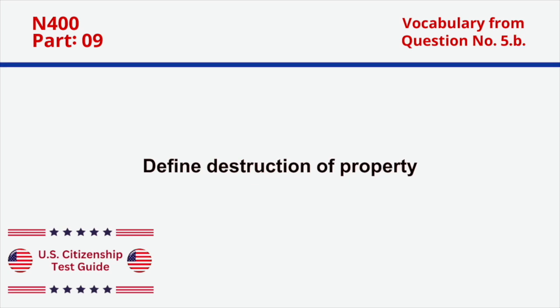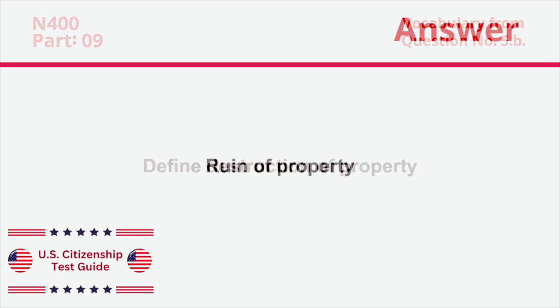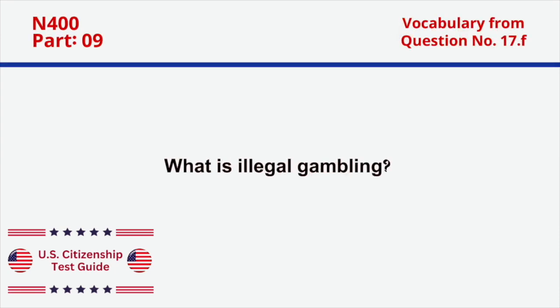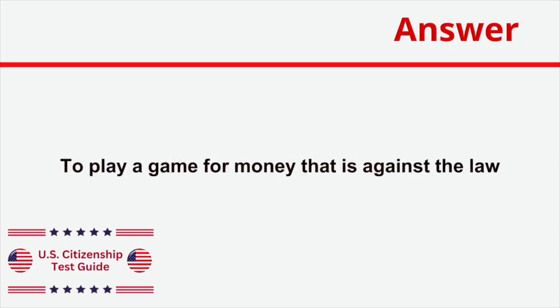Define destruction of property. Ruin of property. What is illegal gambling? To play a game for money that is against the law.